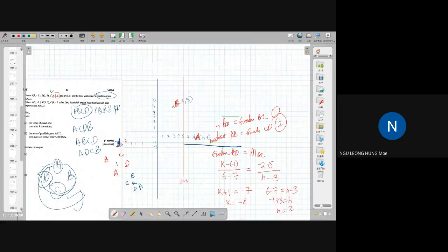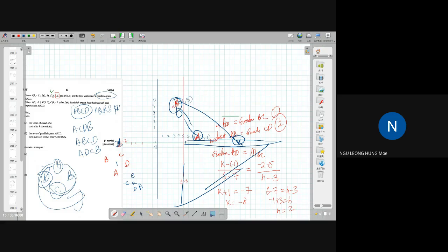Katakan C berada di sini. Maksudnya D, maksudnya A, B, dia kena pergi sini. C, D, tengok, D pergi sini sudah. You tengok, bentuk dia macam ini.